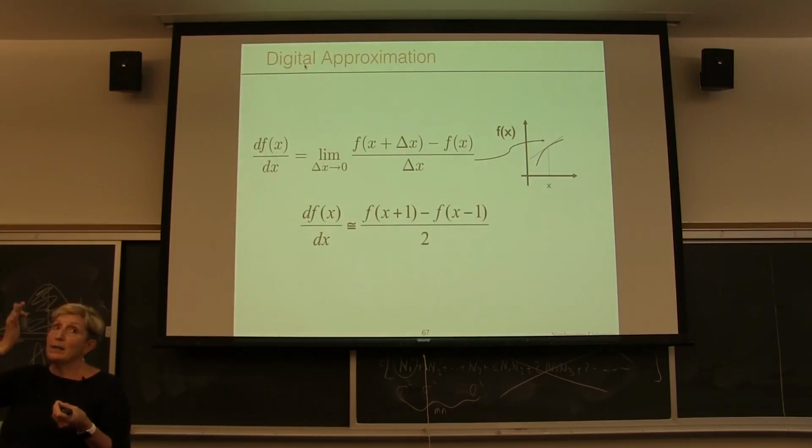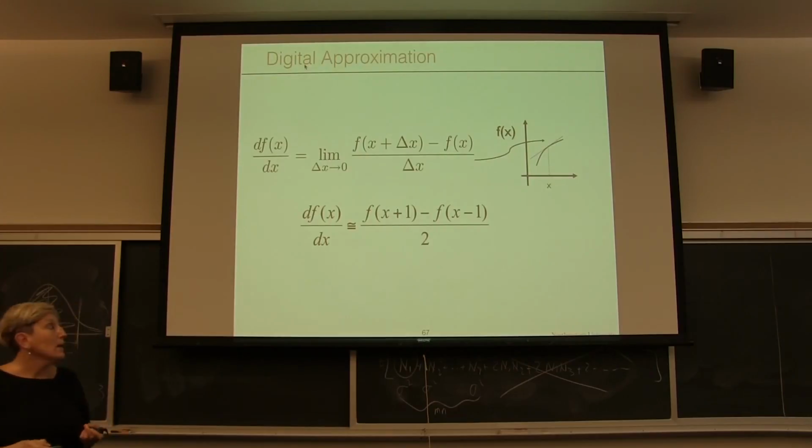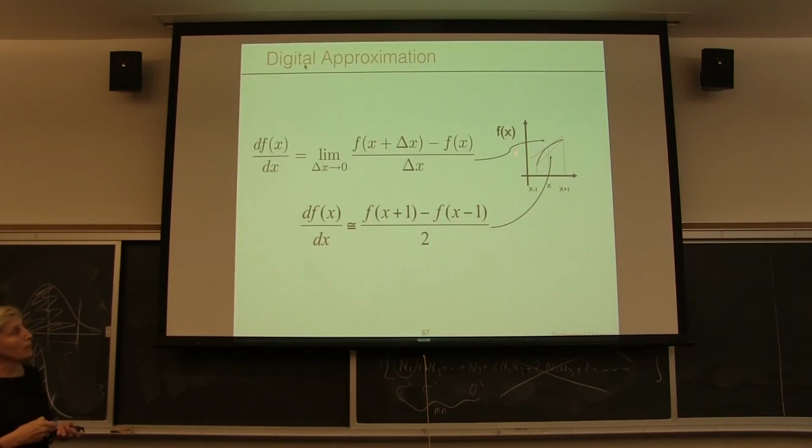So I have my difference at the center. So now I have f of x plus 1 minus f of x minus 1, and now the delta is 2, so I will be dividing by 2. So I'm approximating the tangent by this chord. I move 1 to the left, 1 to the right, do the difference, and divide by 2.